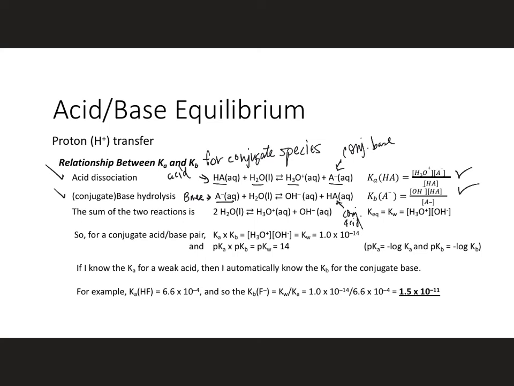If I add these two reactions together, the HAs cancel, the A minuses cancel, and I end up with just the autoionization of water. This equilibrium constant is Kw. So what we conclude from here is this important result: for a conjugate pair, Ka times Kb is equal to Kw.